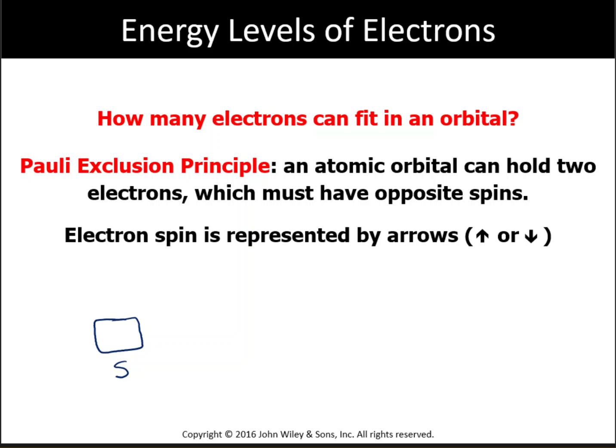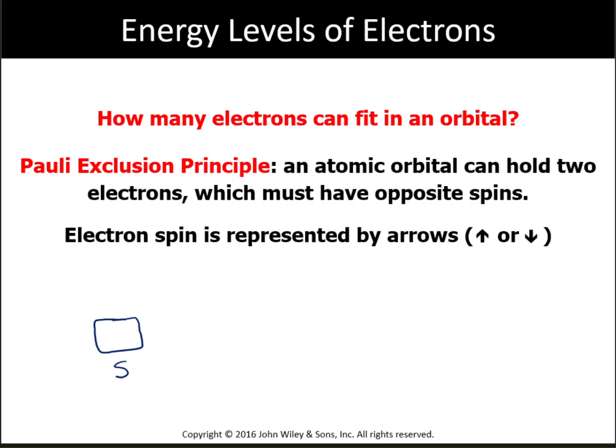Now the electrons can have different spin. So what does that mean? In simple words, electrons spin around the nucleus, but keep in mind that while they spin around the nucleus, they spin around their own axis as well. When they spin around their own axis, they could spin either clockwise or counterclockwise, and we don't really know if the electron is spinning clockwise or counterclockwise.